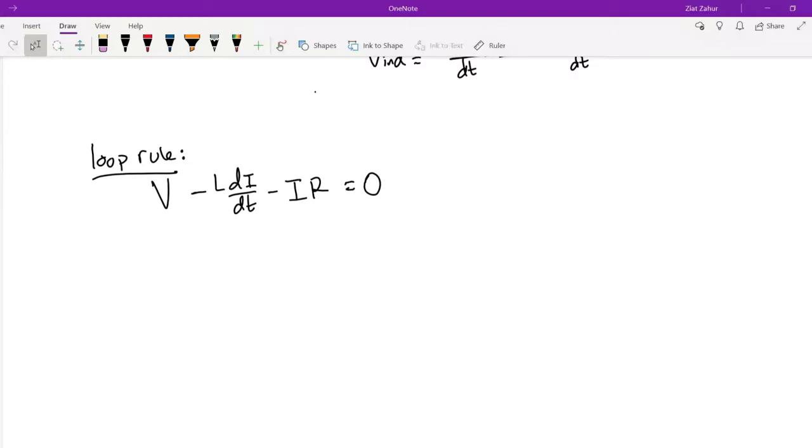Now, the other equation we have is from Maxwell's equation number 4, where the closed loop integral of E dot dl must equal the change in flux, and the change in flux is negative L di dt.